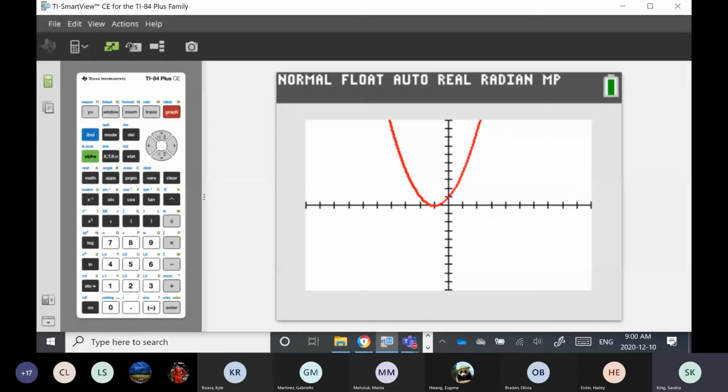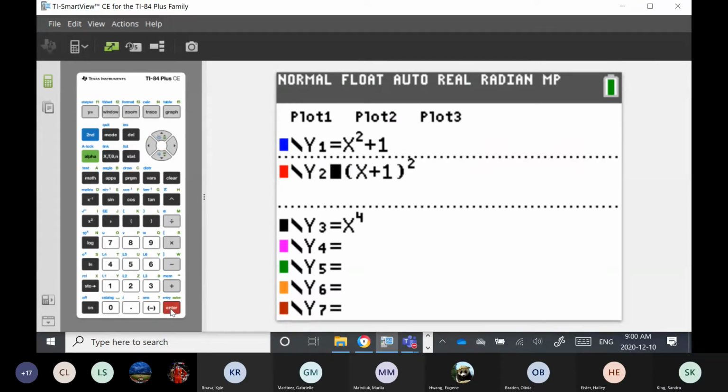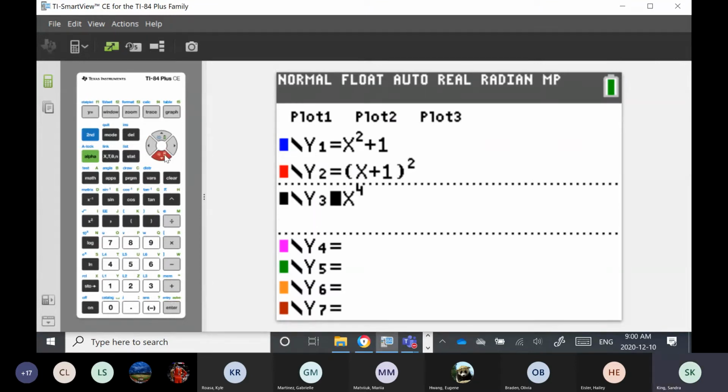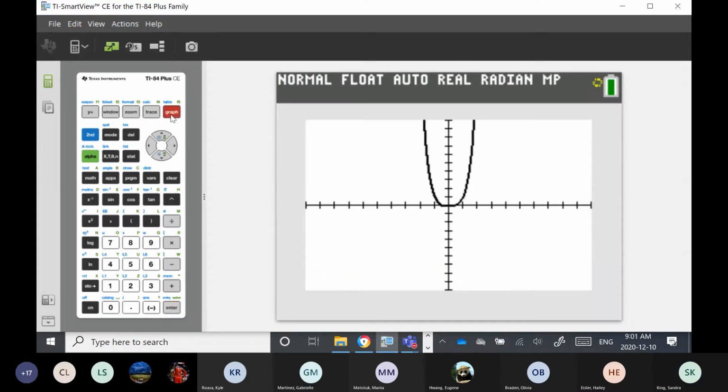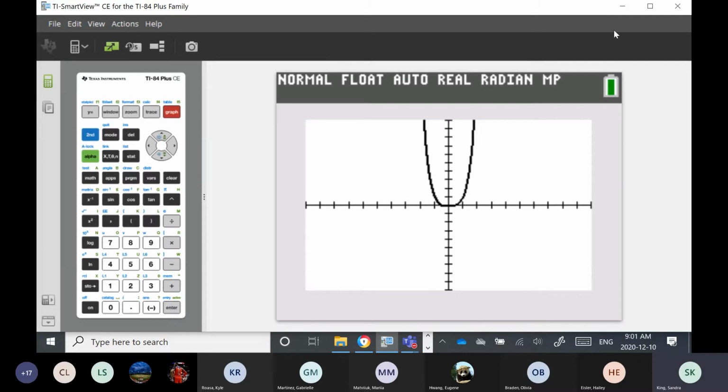So let's look at the graph of a polynomial of degree 4 and see if we can write what the domain and range are. Okay, so again, it is going to be parabolic in shape. So the domain is x belongs to the reals, and the range, it's more spread out down here, but the range is still y is greater than or equal to 0.